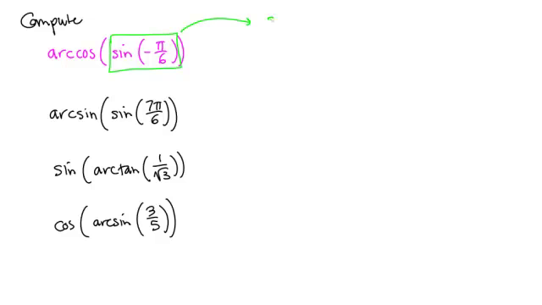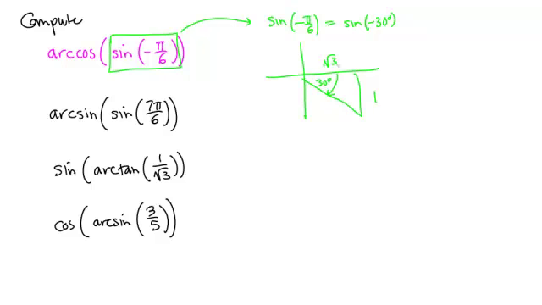So I'm going to do a quick calculation here. The sine of negative pi over 6, that's the sine of negative 30 degrees. And so I could work that out by drawing a triangle. A negative 30-degree angle would be right here. On a 30-degree triangle, the ratio of the sides are 1 across from the 30 degrees, root 3 across from the 60 degrees, and 2 for the hypotenuse.